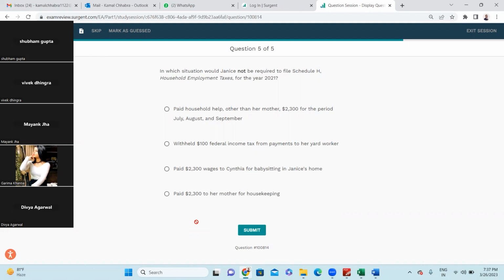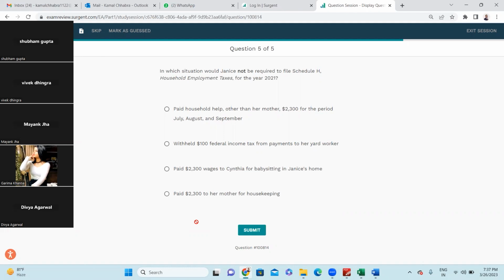Second, withheld $100 federal income tax from the payment to her yard worker. Third, paid 2,300 wages to Christina for babysitting in Janice's home. Fourth, paid 2,300 to her mother for housekeeping. In which situation is she not required to file Schedule H?